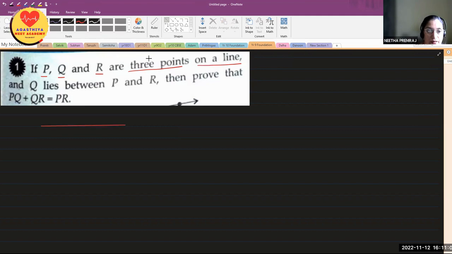On that line, there are 3 points. I name them P, Q, R. Then Q lies between P and R. Then prove that PQ plus QR is equal to PR. Yes, guys, what is the idea?